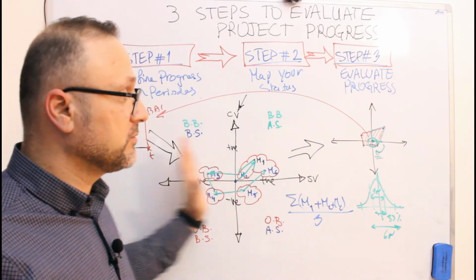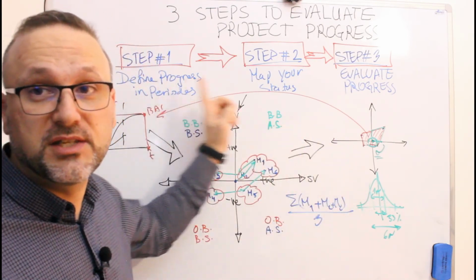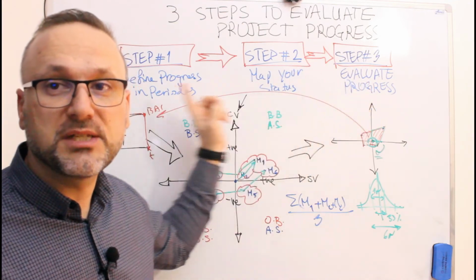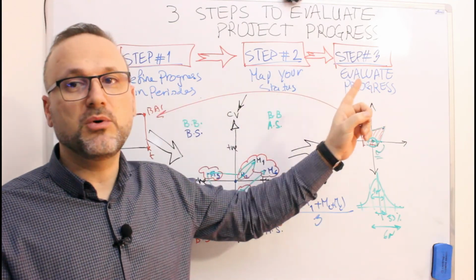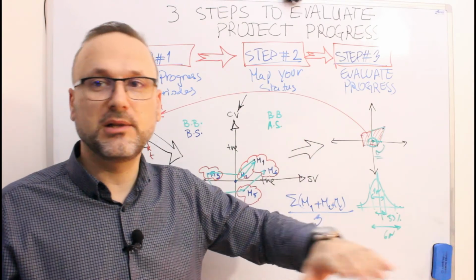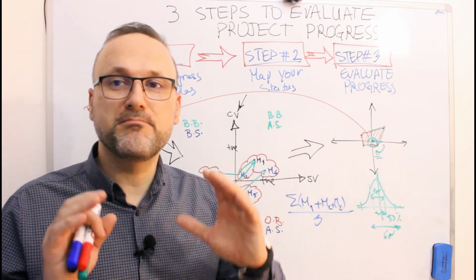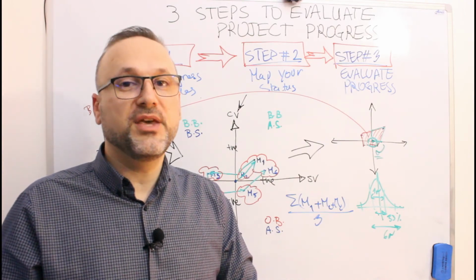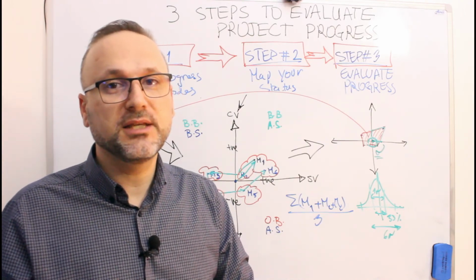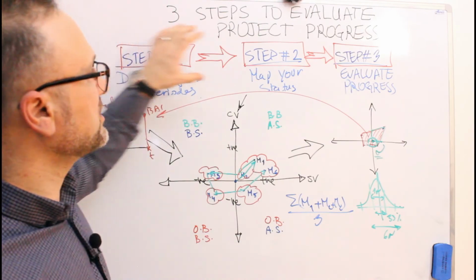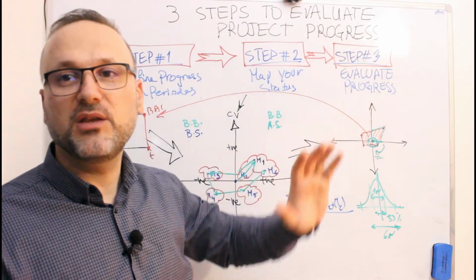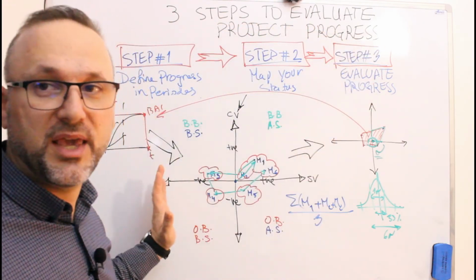So once again, those are your simple 3 steps. You don't need to go into other theoretical details. Yes, there are many theories for calculating this, but these are simply your 3 steps to evaluate your project progress in a simple way.